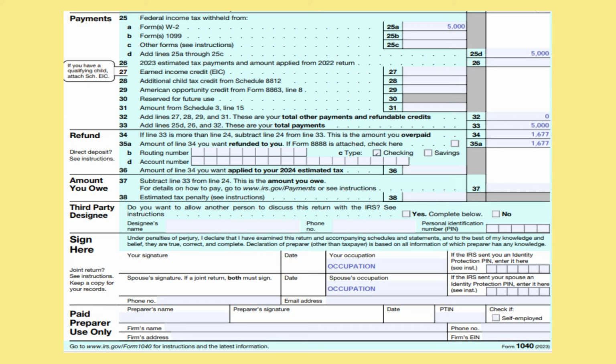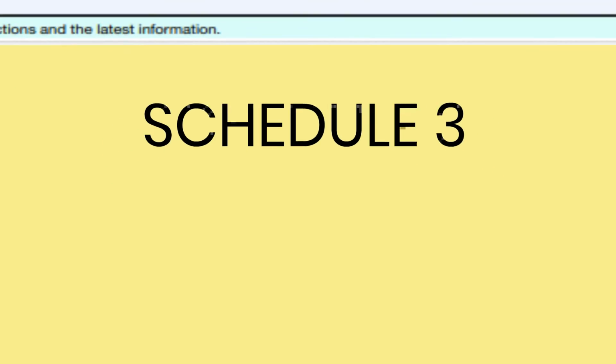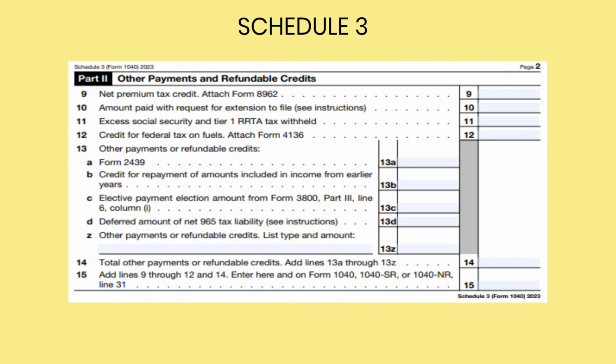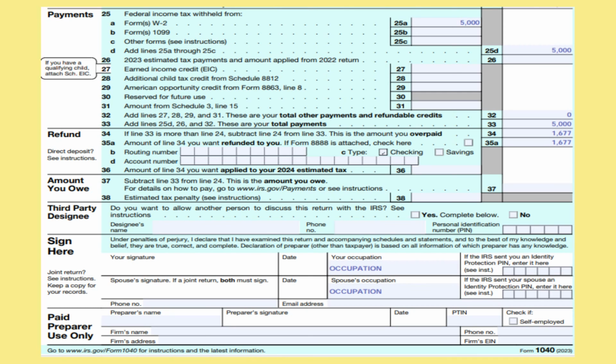On line 31, you'll report any other credits that you received or any additional payments from Schedule 3, line 15. The most common one is if you paid an amount with your extension to file your tax return. On line 32, add lines 27, 28, 29, and 31, which in our example is 0.